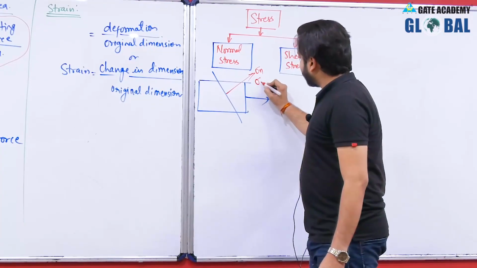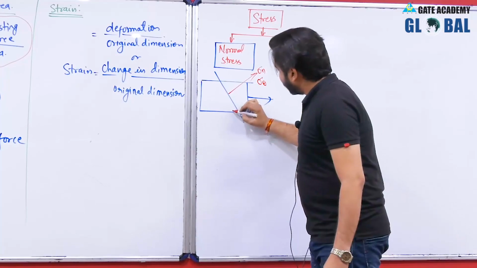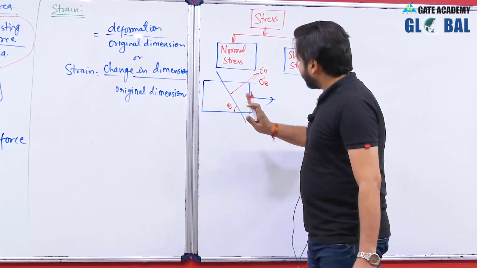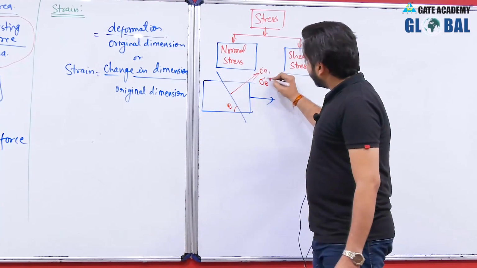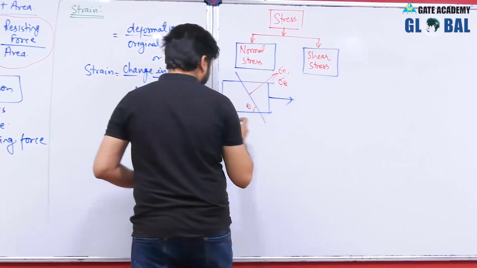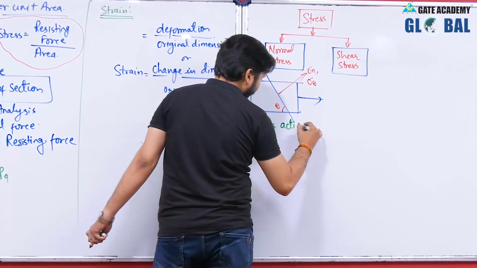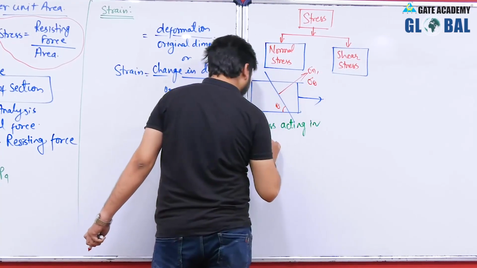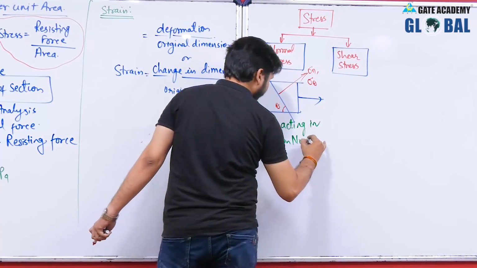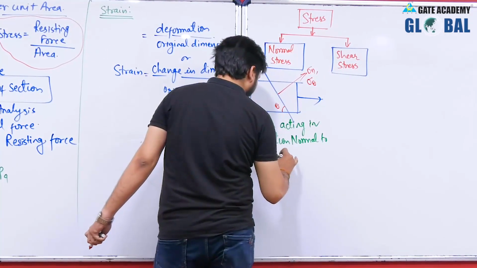Sometimes it is also represented as sigma theta, because it is acting on a plane which is inclined at a certain angle, okay, which is theta. So the normal stress can be denoted by sigma n or sigma theta. So it is nothing but the stress acting in a direction normal to a plane.